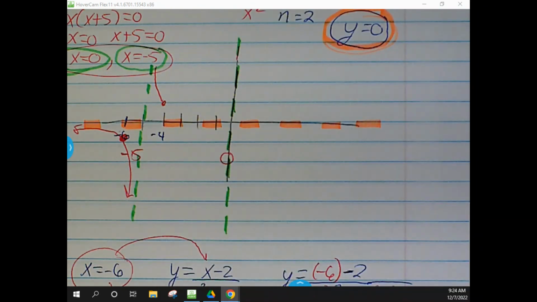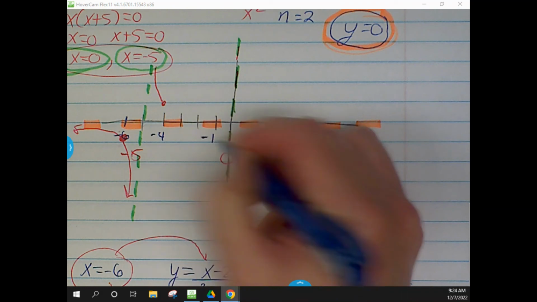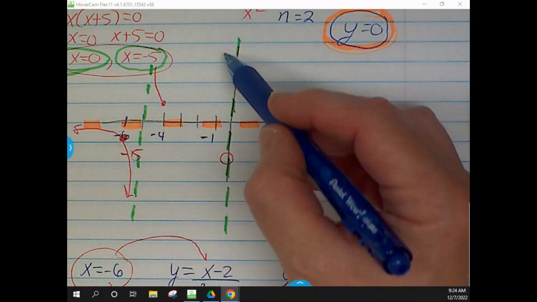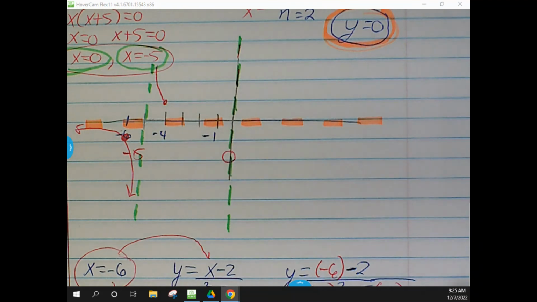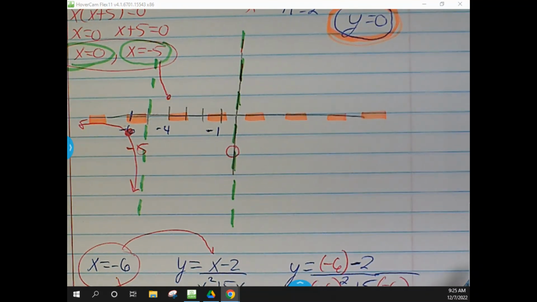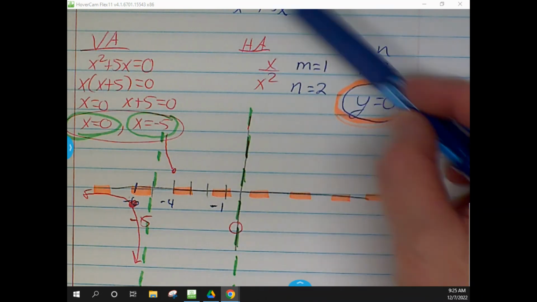But just to be on the safe side, we're going to plug in -1 and see. It should be basically up here, but we're going to double check, because sometimes graphs behave a little funny. We didn't have any holes in this graph because there wasn't anything we could factor and cancel out.